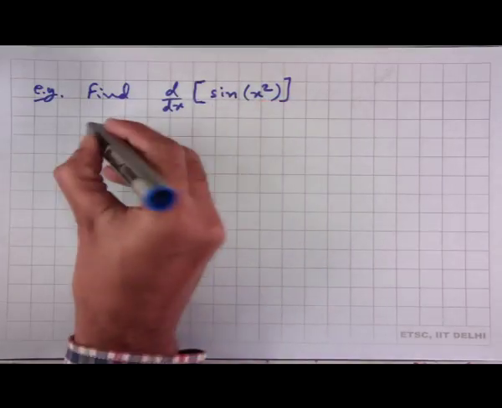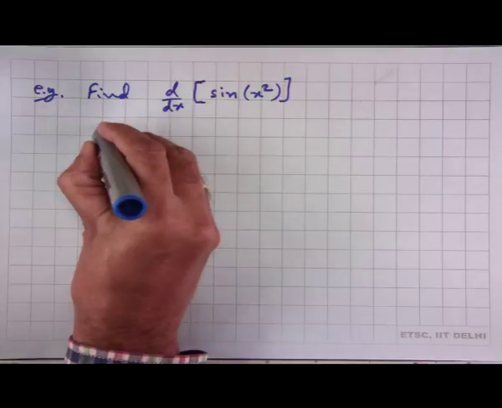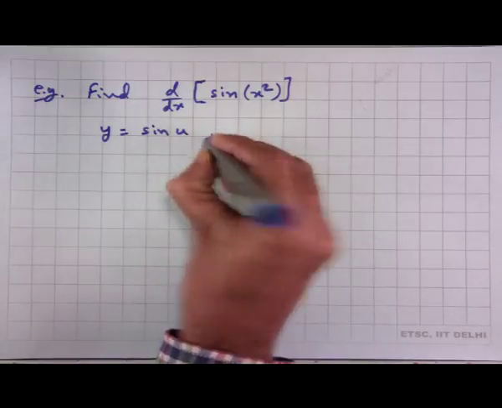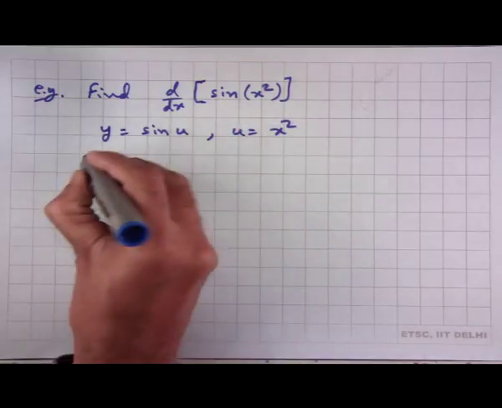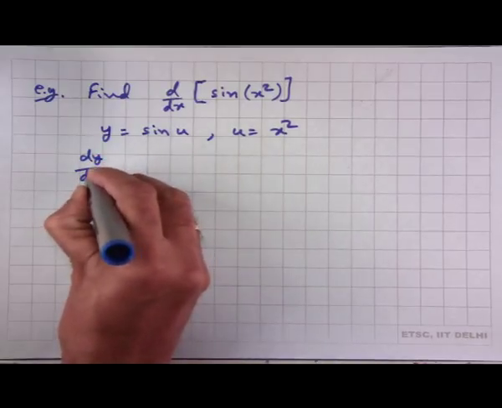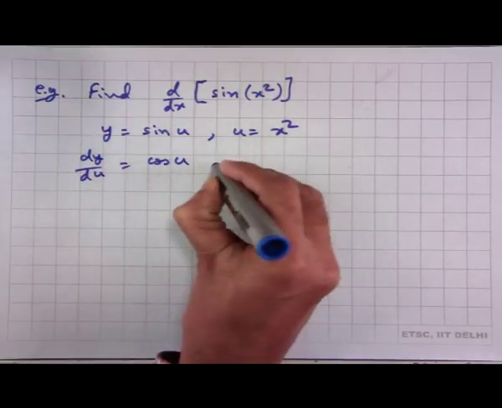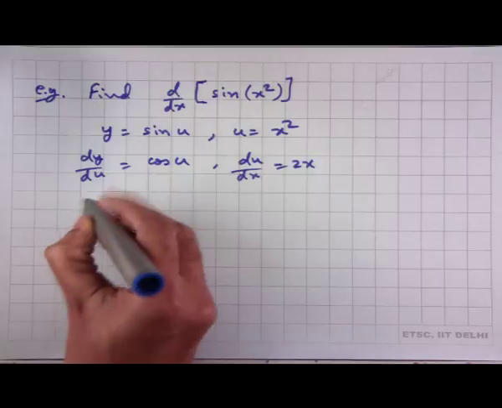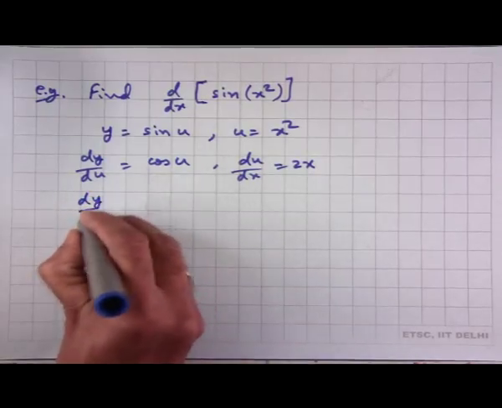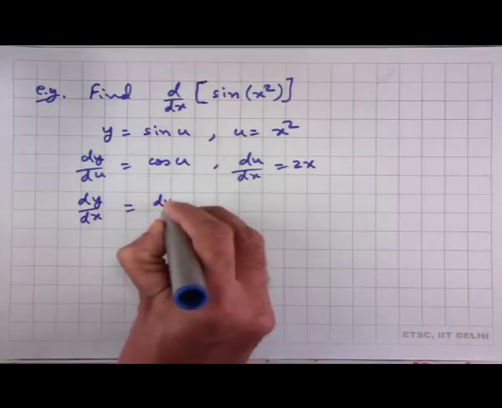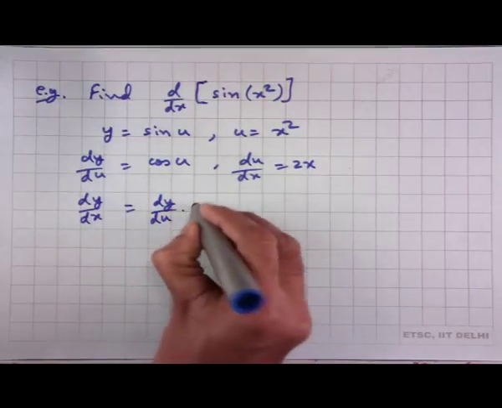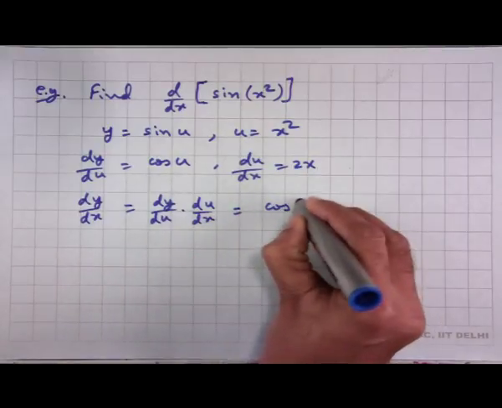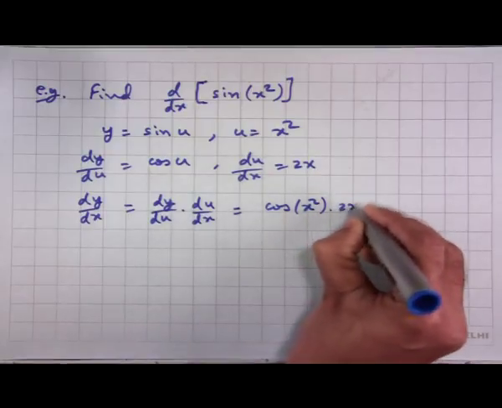So, we write y is equal to sine of u and u is equal to x square. So, dy du will give cos u and du dx is 2x. So, the derivative dy dx, by chain rule, is dy du times du dx, which is equal to cos of u, which is x square, times 2x.